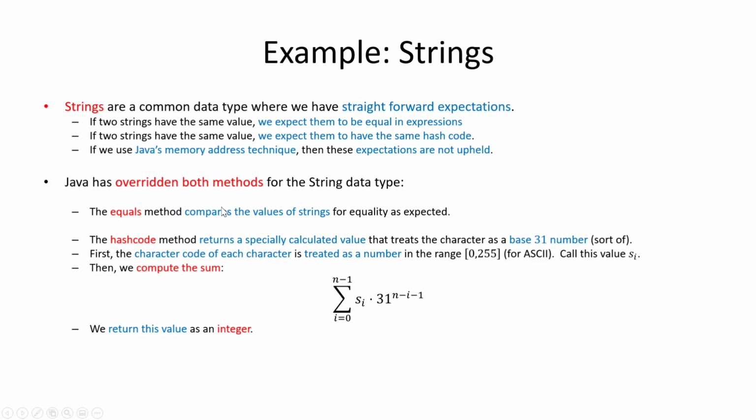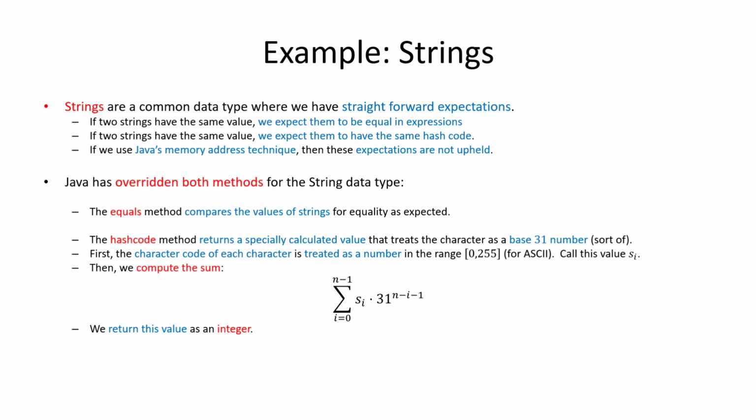So Java has actually gone ahead and overridden both of the methods for us. You'll notice if you do use the string hashcode and the string equals in Java, they already override the built-in object versions of these methods.